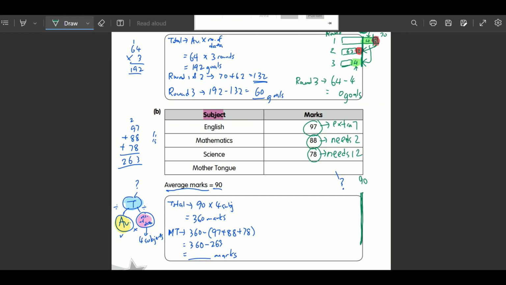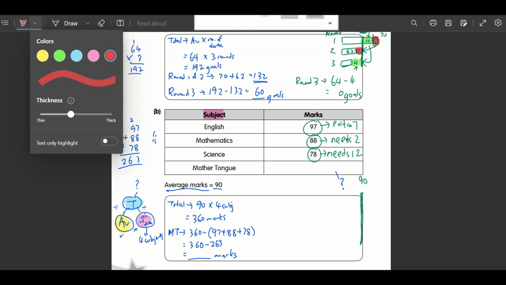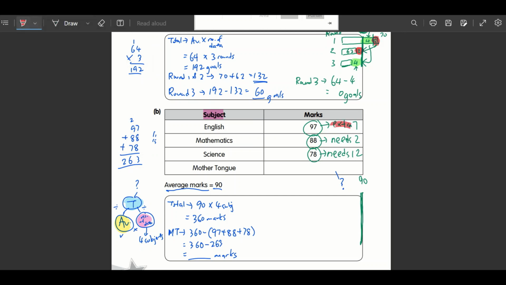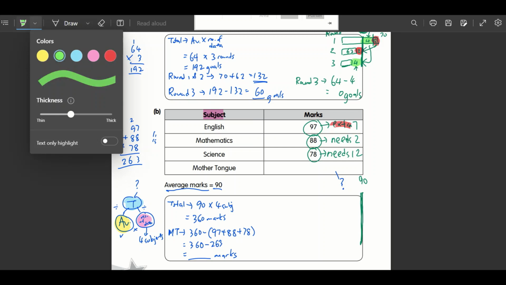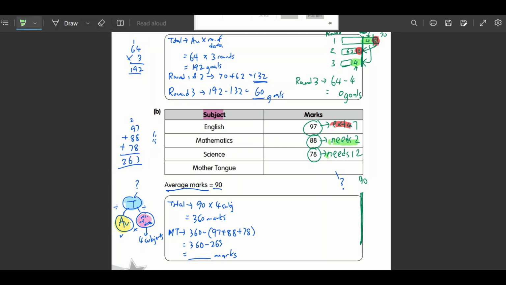So in this case, let's say I am balancing the extra and then the need, and you see that the need is more than what the extra can provide to balance up.